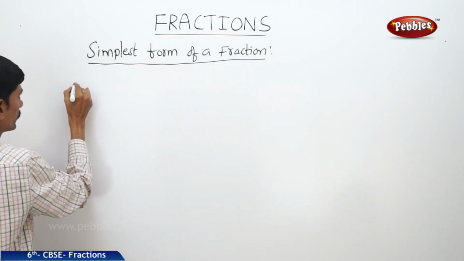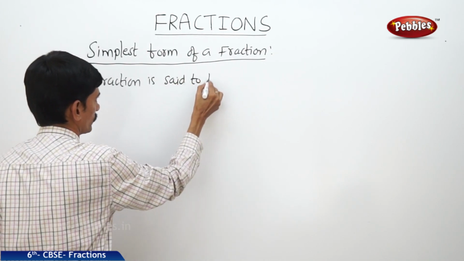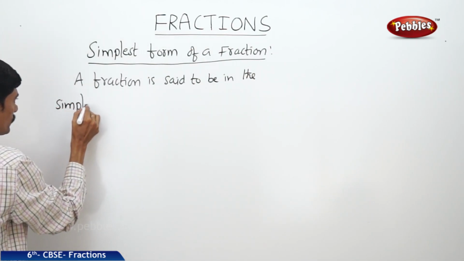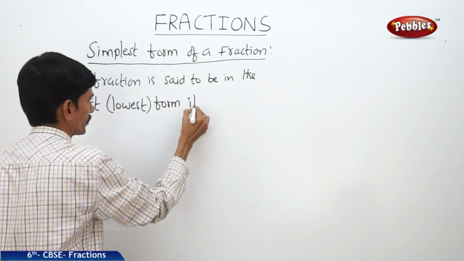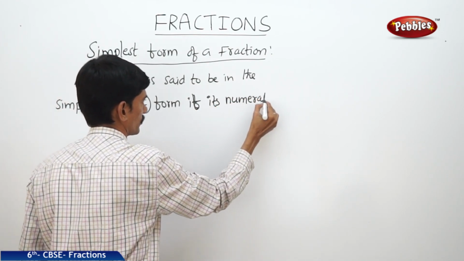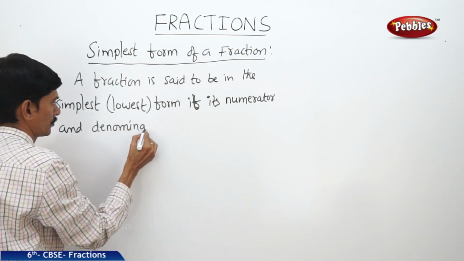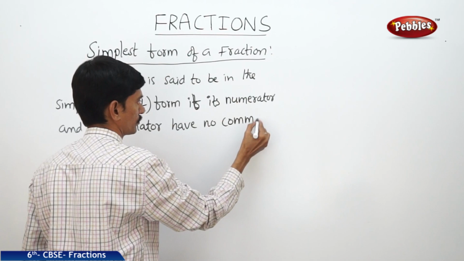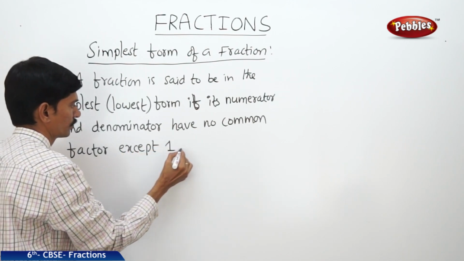Now a fraction is said to be in the simplest form, or lowest form, if its numerator and denominator have no common factor except 1.